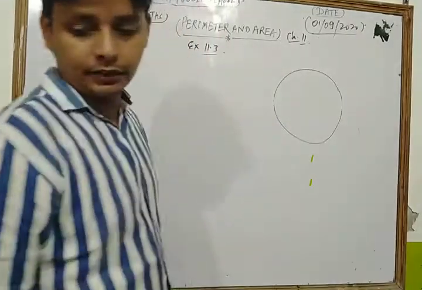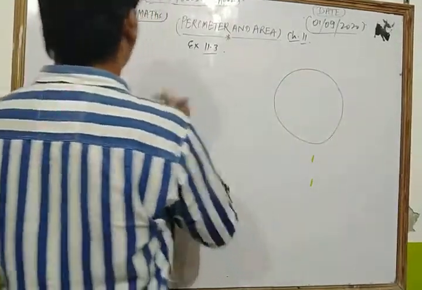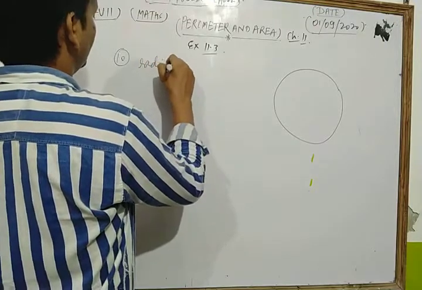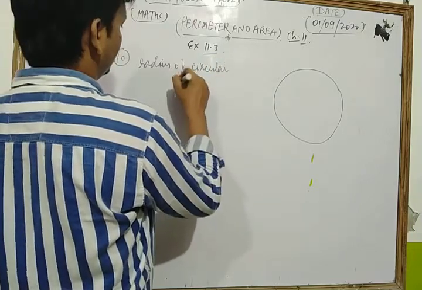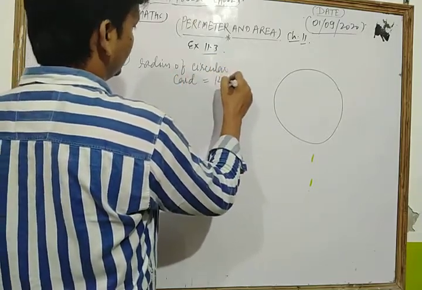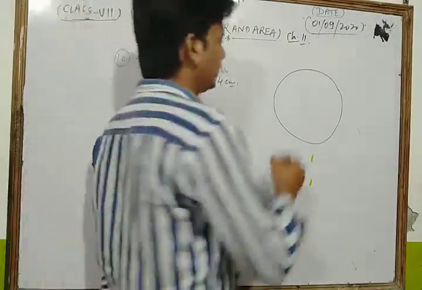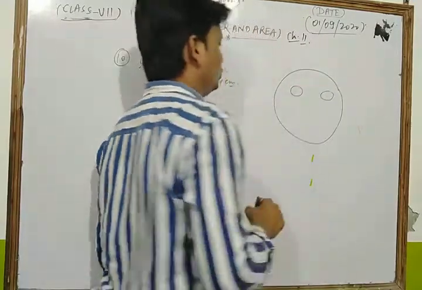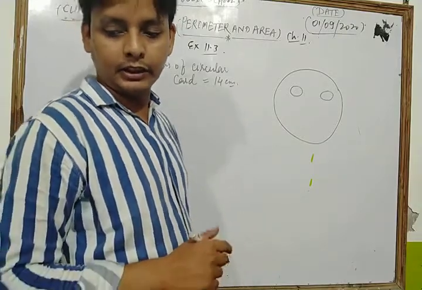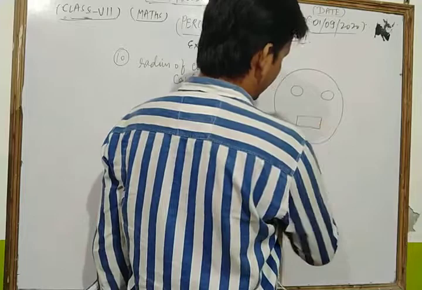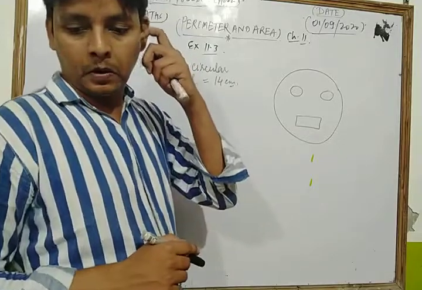Two circles of radius 3.5 centimeter are marked on it, and also a rectangle of length 3 centimeter and breadth 1 centimeter.